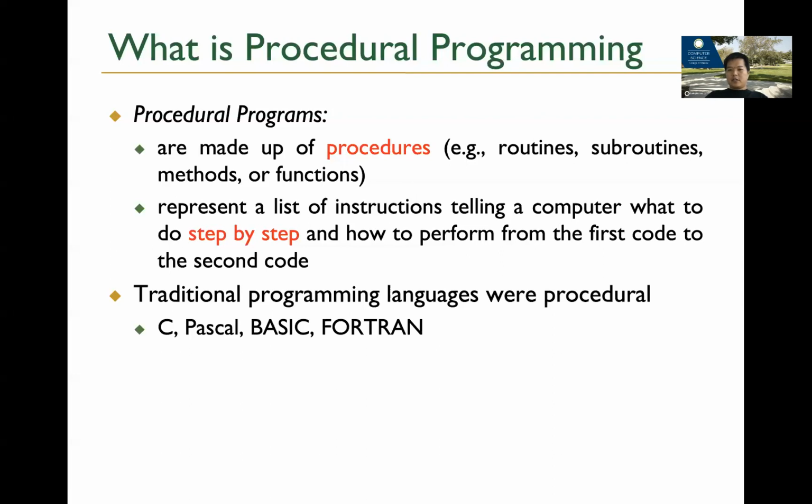For now, you can just think that when we talk about procedural programming languages, it's basically a bunch of procedures, or a bunch of functions. Every function has input and output. Now for those of you who have programmed in C, I want you to think about how the program looks. That's pretty much what you code.